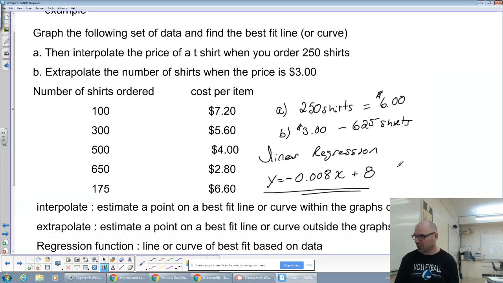And for $3, if you put $3 in for the y, $3 equals negative 0.008x plus 8, so you go minus 8 on both sides, you'd get negative 5 equals negative 0.008x, and divide that out. And you end up getting 625 for x. So they both fit this linear regression line.